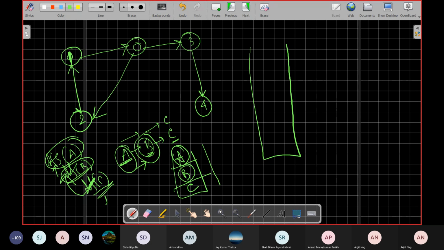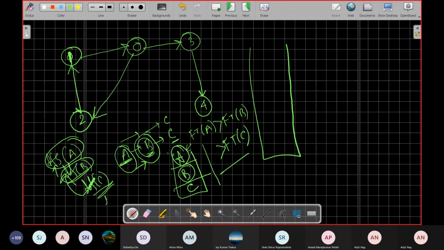So the finish time of A is always greater than the finish time of B. Same thing for C. So that is the property of DFS.